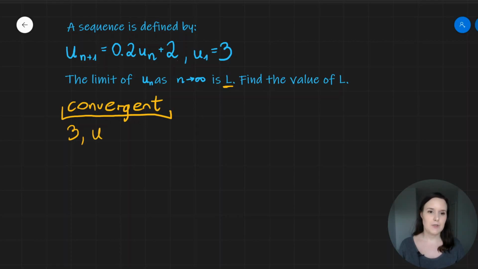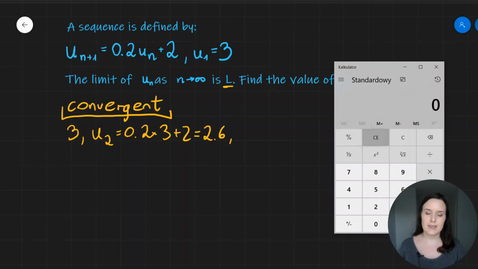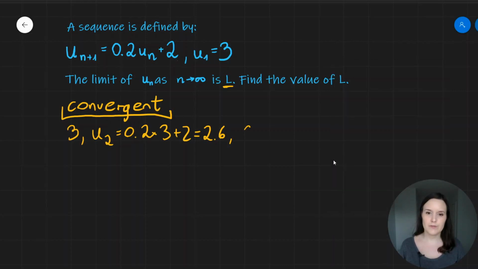The second term, u2, is 0.2 times 3 plus 2, which is 2.6. Let's try to find the next one. That would be 0.2 times the previous one, which is 2.6, plus 2. That's 2.52. Let's find the next one. You always take the previous one, multiply it by 0.2, and add 2.